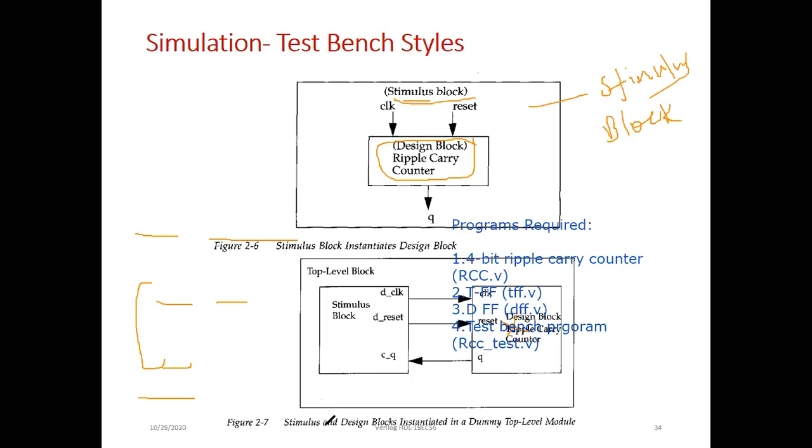Now, if you see the stimulus and the design block instantiated, this diagram shows the internal view. Here the top level block is nothing but the ripple carry counter RCC.